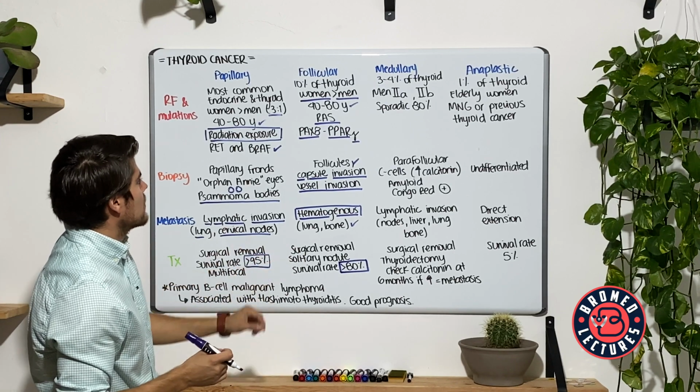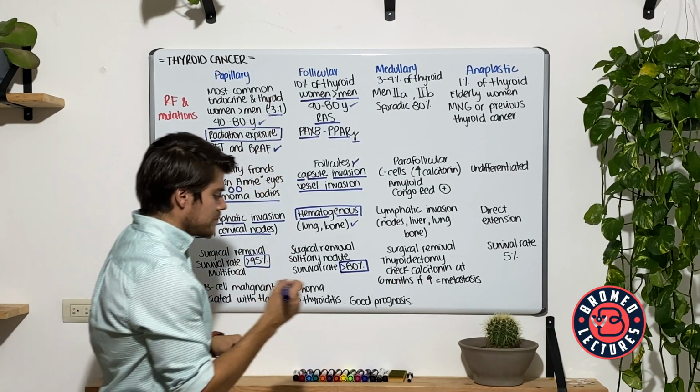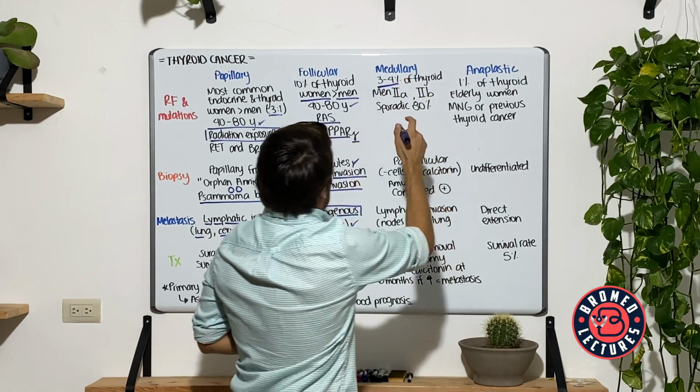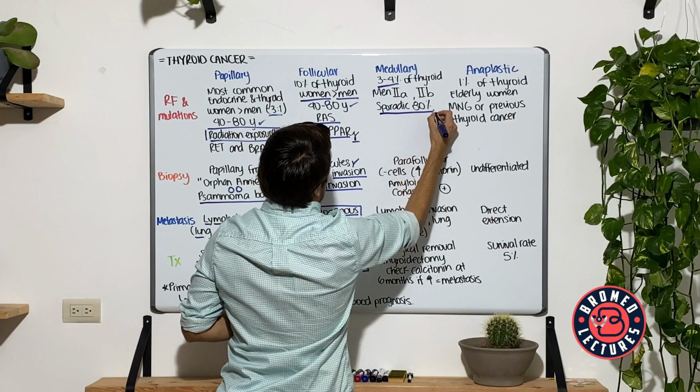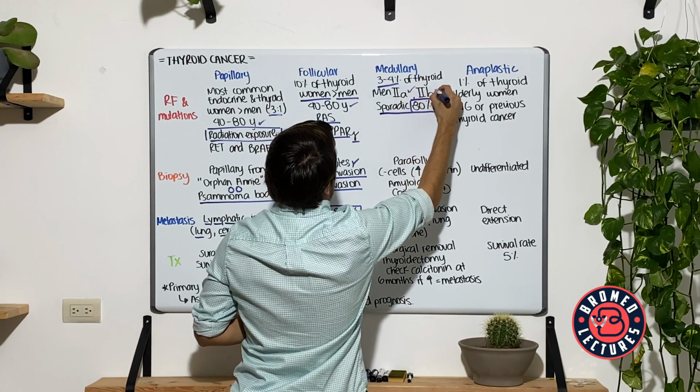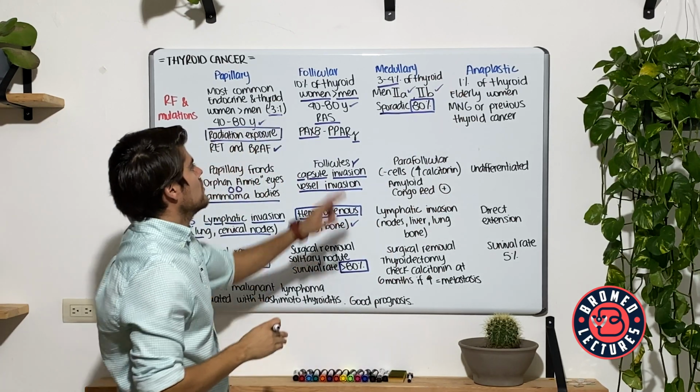Now the medullary one, this one is rare, 3 to 4%. And it is mostly sporadic. Notice it is 80% sporadic, but it is related to MEN syndromes, right? 2A and 2B.